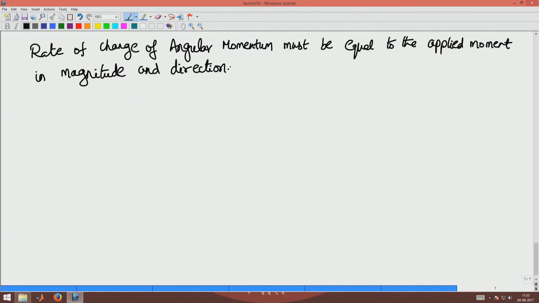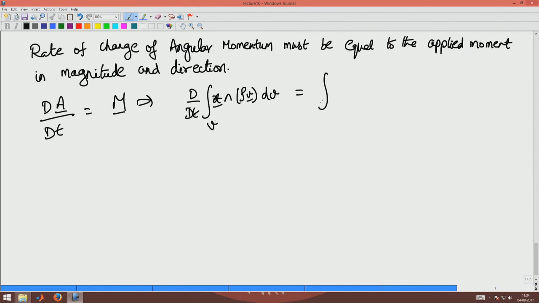What does this state? dA by dt must be equal to m. This implies d by dt of the integral of x cross rho v dV over the volume must be equal to the integral of x cross T's of n dA plus x cross rho b dV.